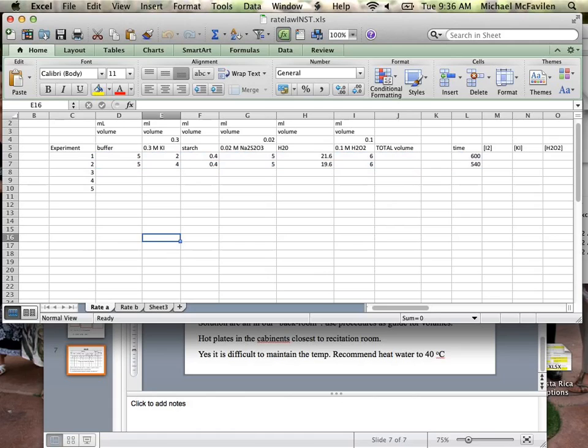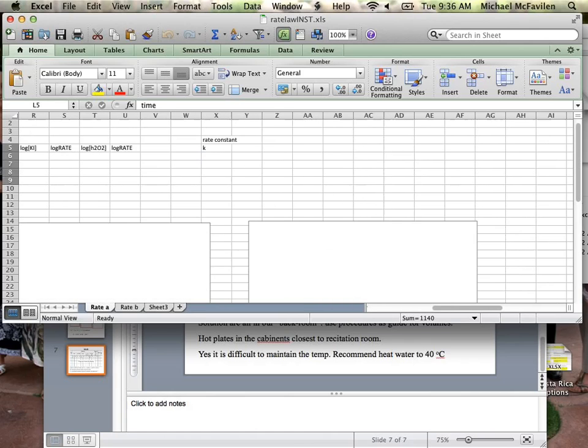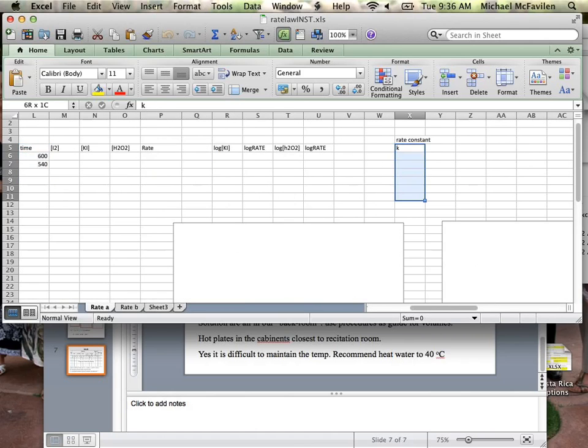You'll notice the very beginning of it, you've got all of your experimental data, followed by the total volume, which we talked about how you could enter that, and your time. Okay? You've then got all these extra little cells that you can then fill in. The very last thing that you would solve for part A is the rate constant.